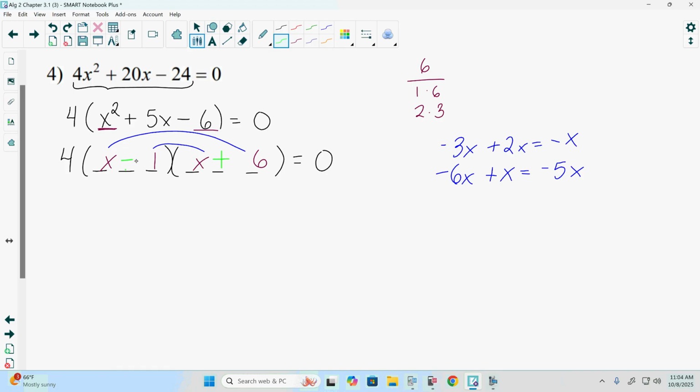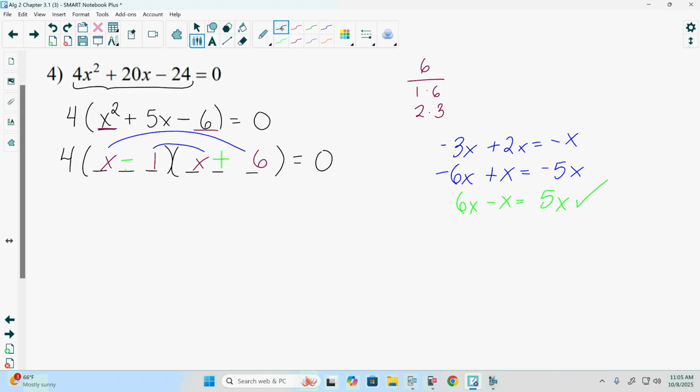If the numbers in front of the x's are not the same, we can still do that, but we'd have to switch the numbers in front of the x's and the other numbers. We'd have to switch everything but the signs. Either one works, because if we check this here, x times 6 is now positive 6x. Negative 1 times x is negative x, giving us the middle term of positive 5x.